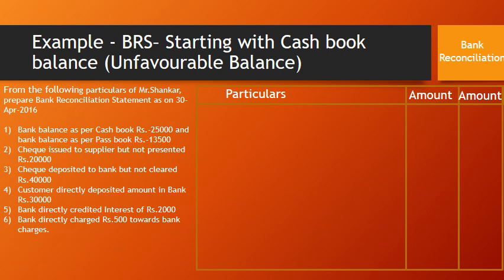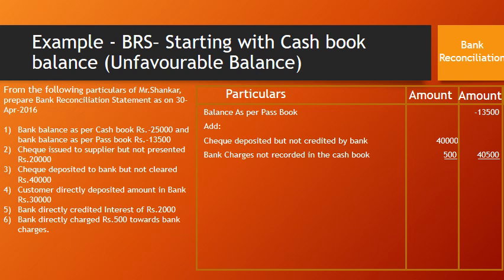Example, whatever we discussed in the earlier case: bank balance as per passbook is minus 13,500. Add check deposited but not credited by bank, bank charges not recorded in the cash book.